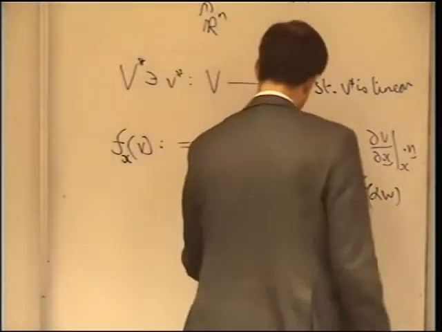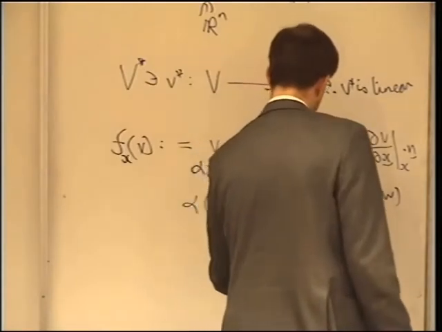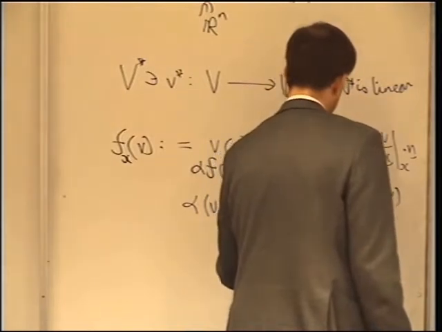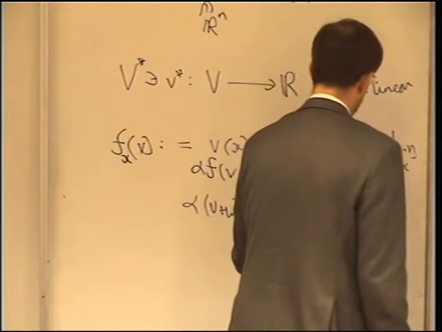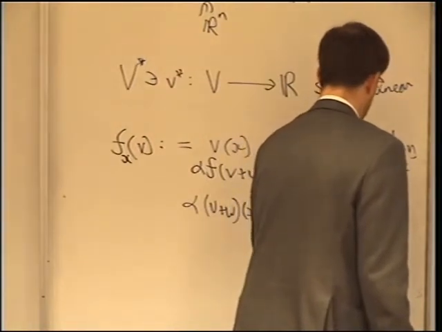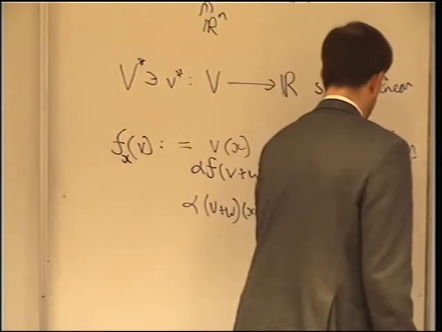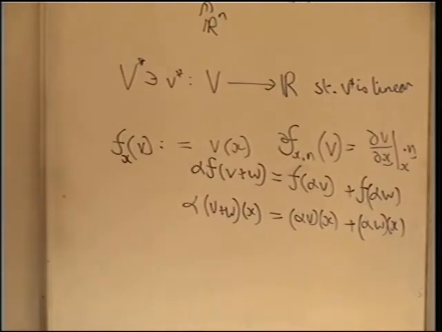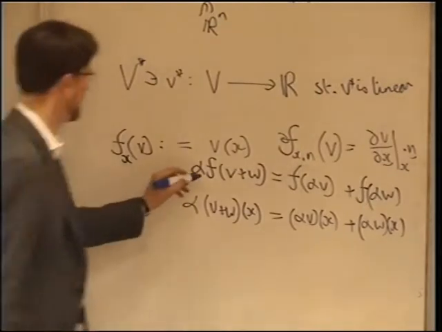And the right-hand side is the function alpha v evaluated at x, plus alpha w evaluated at x. The line above needs little subscripts on the f, right? Yeah.